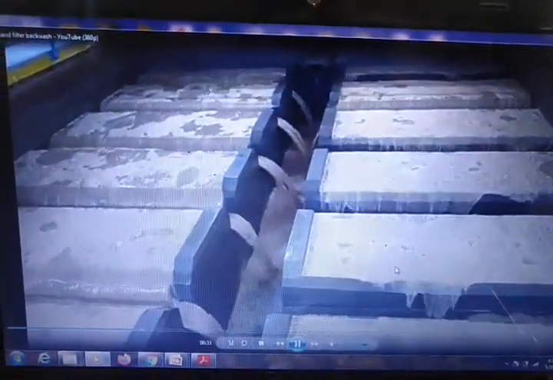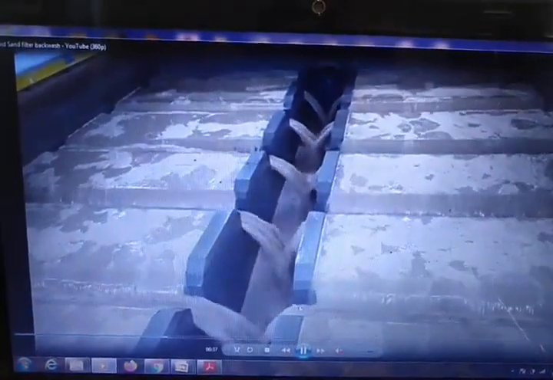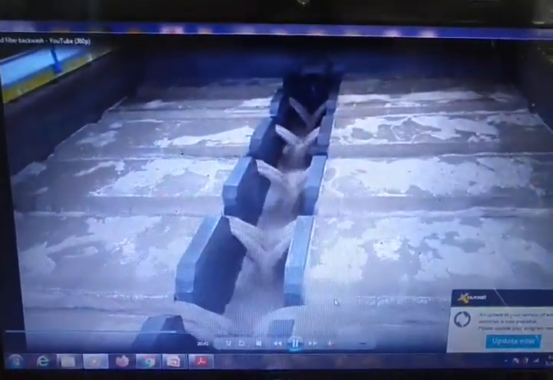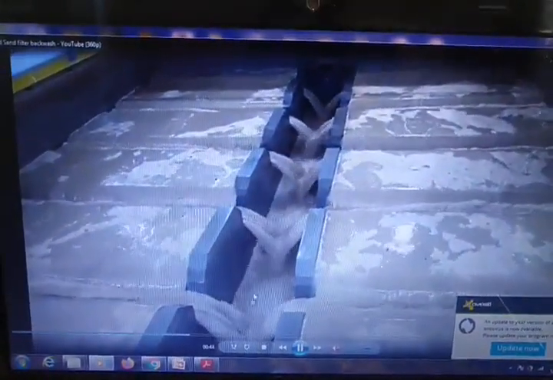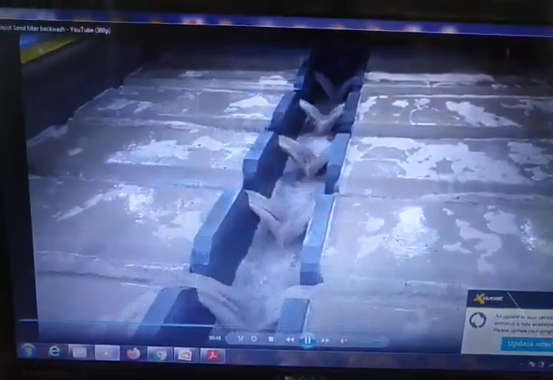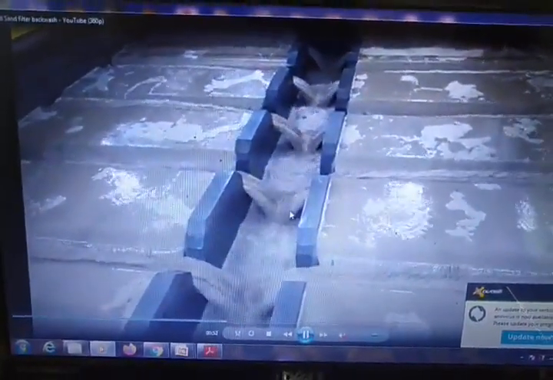Okay, and the water is flowing into the wash water troughs, and it is being collected in this area, so that this water is taken out and let into the washed water collecting tank.